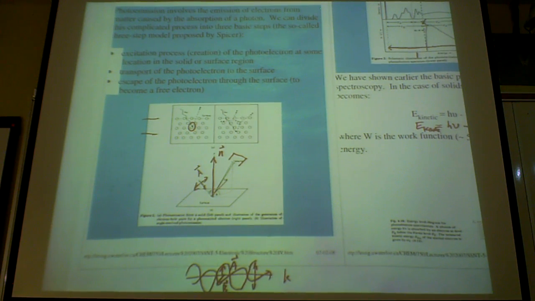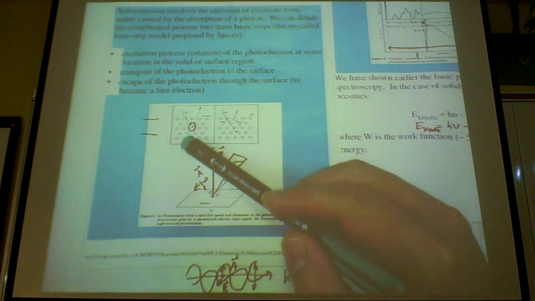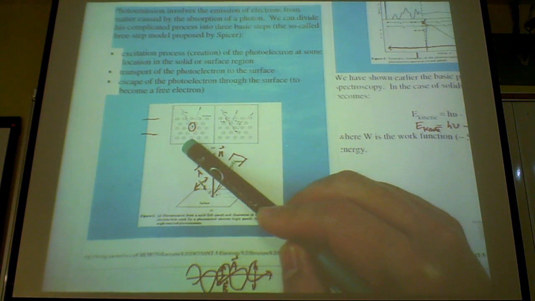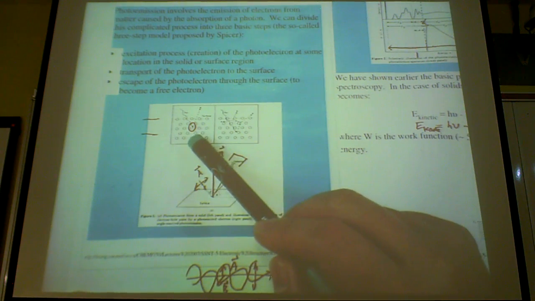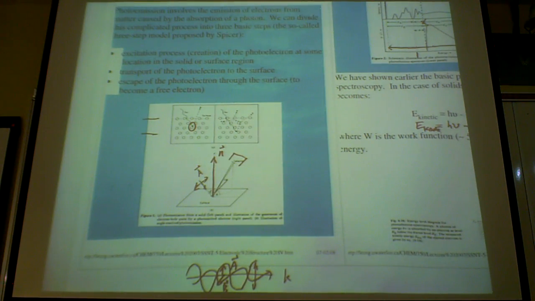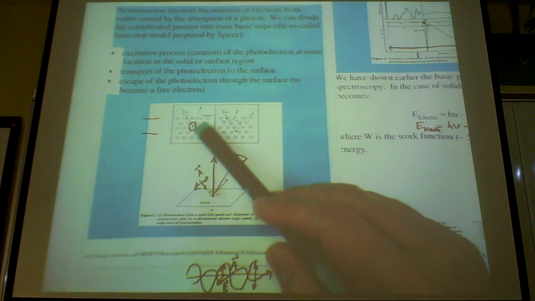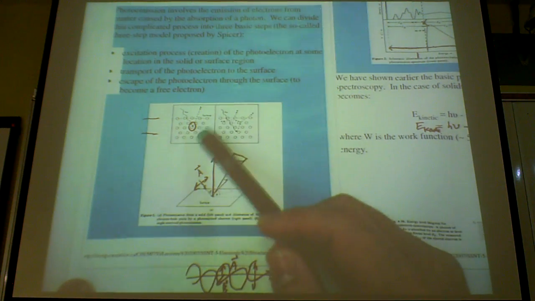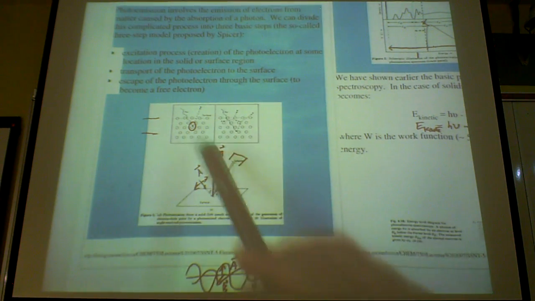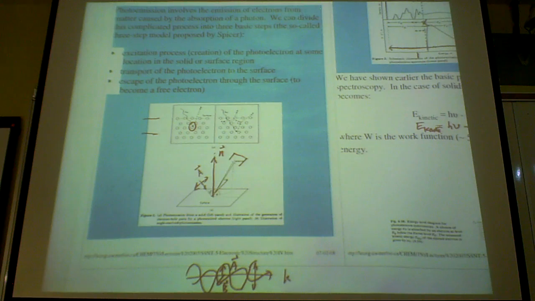Anything excited deep in the bulk produces a photoelectron, but in the process of transport to the surface, it may get absorbed by other atoms in its path. Okay? So this leads to the concept of mean free path that we talked about before.